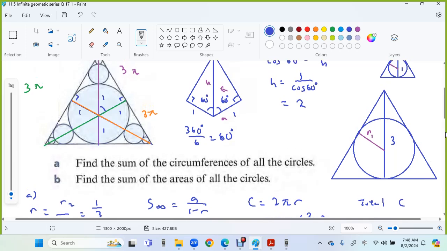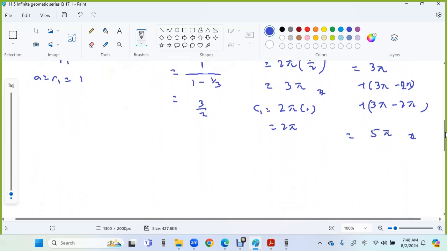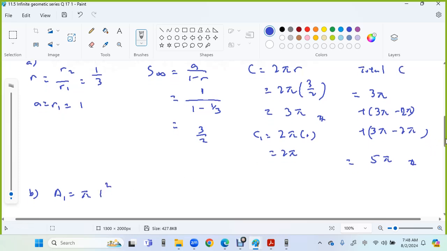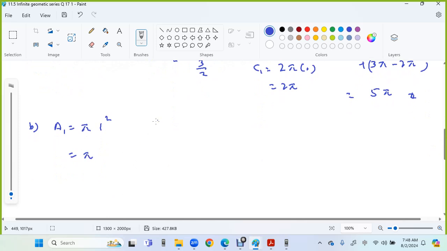Next, we want to find the sum of the area of all circles, pi r squared. The first, A1, is pi times 1 squared, which is pi. The second circle is pi times (1 over 3) squared, which is pi over 9. So the common ratio R here is pi over 9 divided by pi, which is 1 over 9.